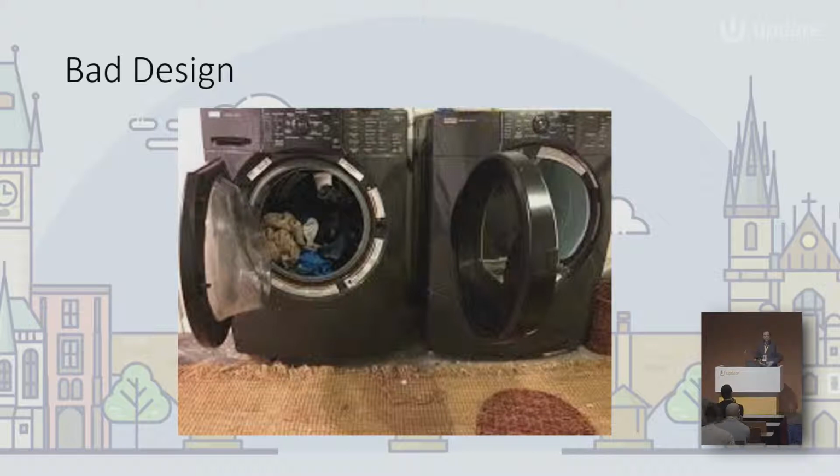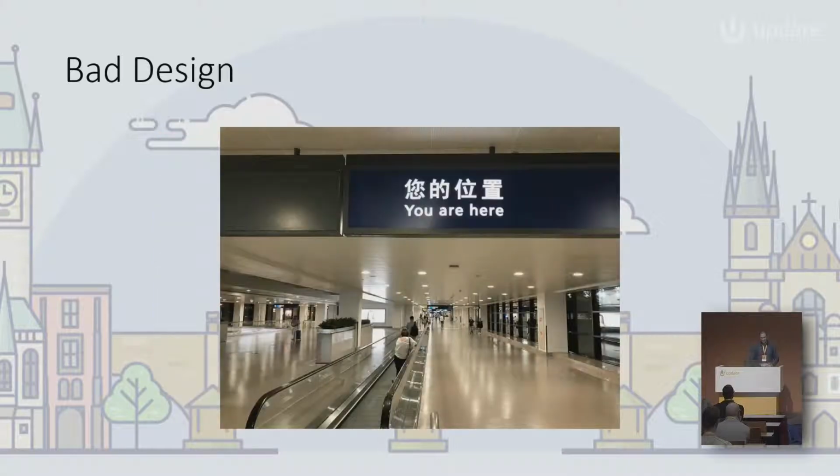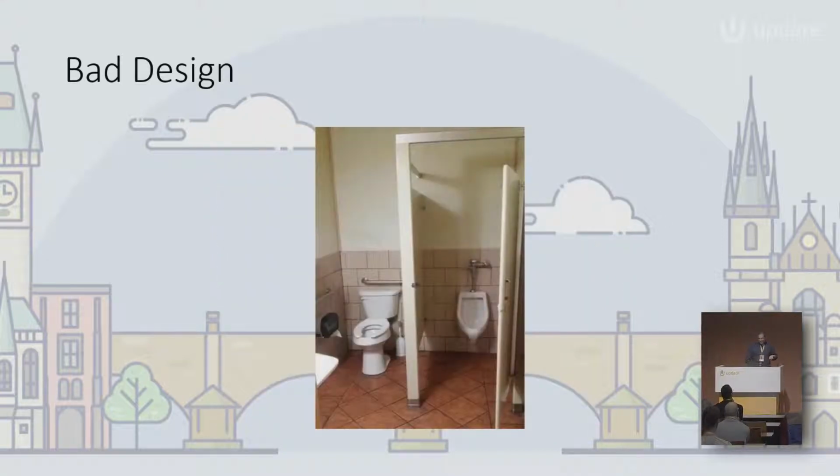So you can't really put it in there. So another bad design. Bad design? I don't know why you would do that, but it's pretty bad design. I don't have to explain this. Bad design again? Great, I am here. Another bad design? I don't know why you would put a door on one but not the other one. So a lot of things we see in life are quite a lot of bad designs.